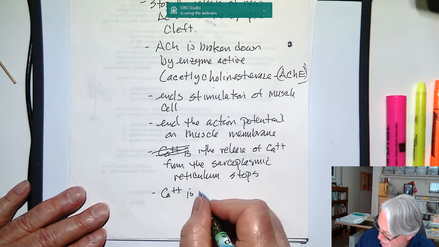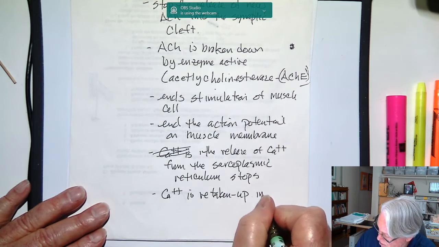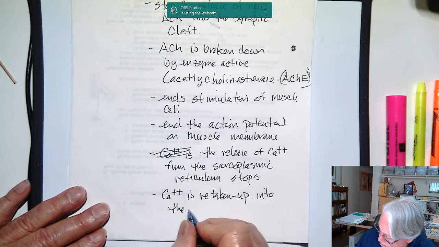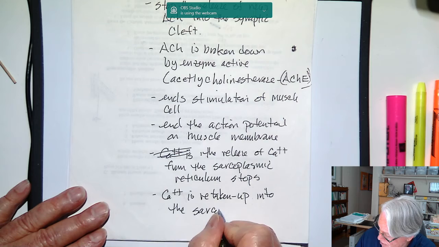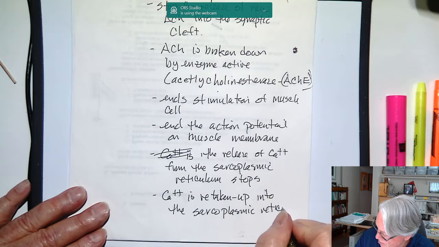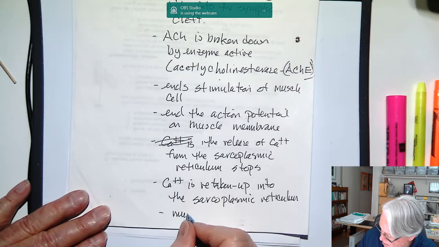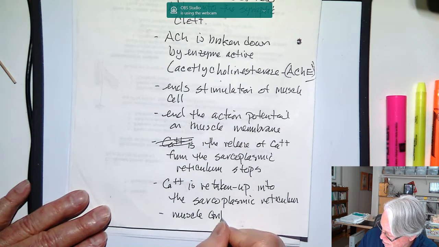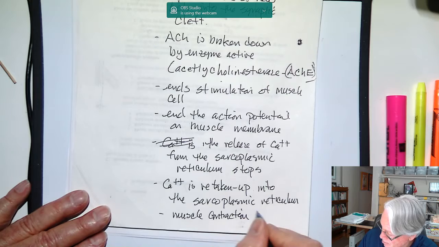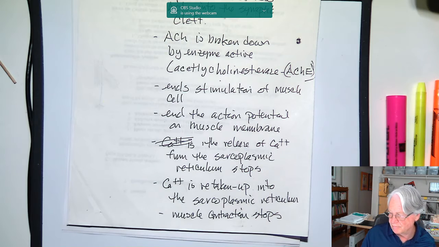Calcium is taken up into the sarcoplasmic reticulum. It's pumped back into the sarcoplasmic reticulum, and muscle contraction stops. Okay.